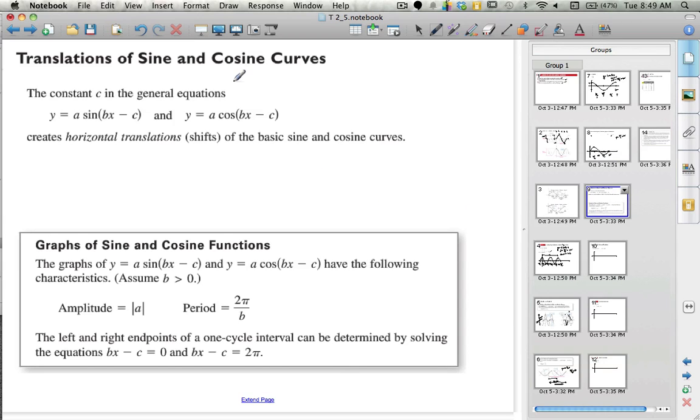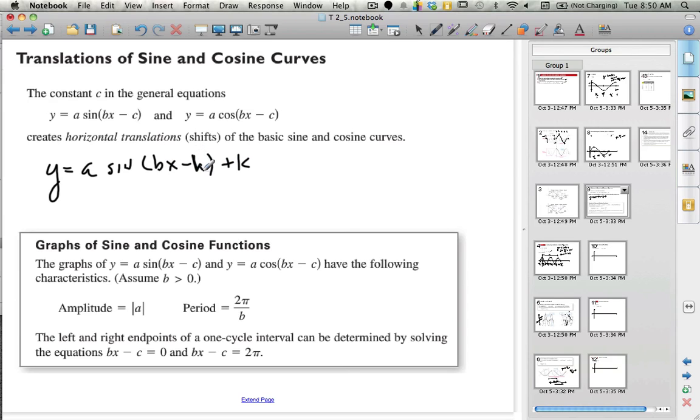Okay, now when we talk about translations, we're looking at adding, in this case, horizontal shifts. I'm going to write this out more in the way that your Algebra 2 book would have written it. This would be b(x minus h) plus k.